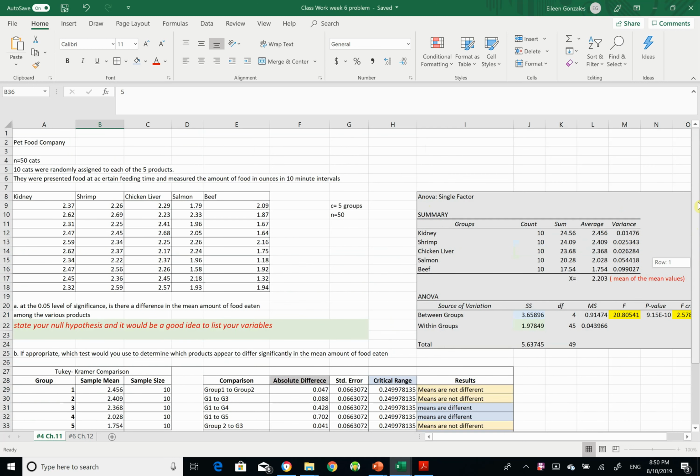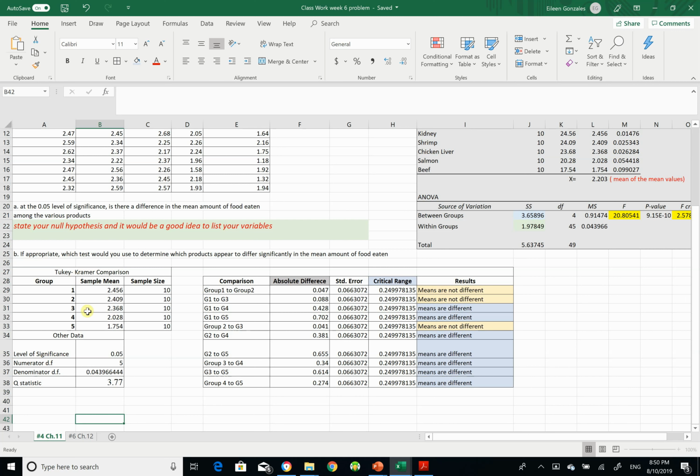You are going to have to take the time to write out your null and alternative hypothesis. It would be a good idea to list your variables, and then you need to have this ANOVA single factor results available. Now below, you're going to have this as well, but this will all be empty, and you will have this information available.